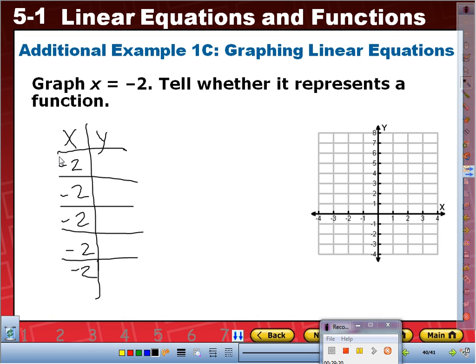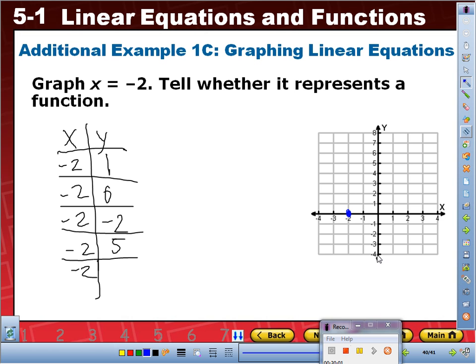No. What is the only value for x? -2. So let's say 1 of y, 0 of y, negative 2 of y, 5 of y. It doesn't matter, right? So this is what it's going to look like. Everybody look up. I plot my point at negative 2, and I draw a vertical line going through that point, and I'm done.